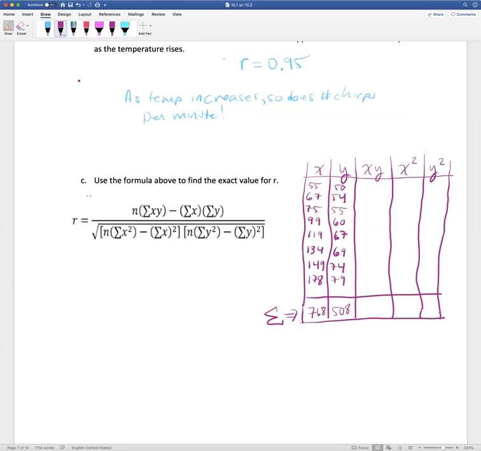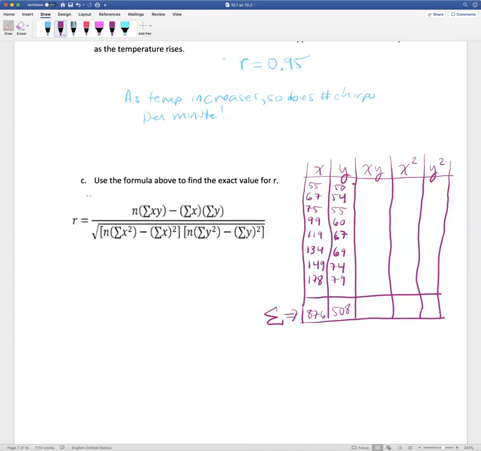I actually ended up getting 876. Let me double check 876. 178 minus 149 minus 134 minus 119 minus 99 minus 75 minus 67, 55. Good, so that column looks good. Let me check the y values also. And we get 508, looks good.